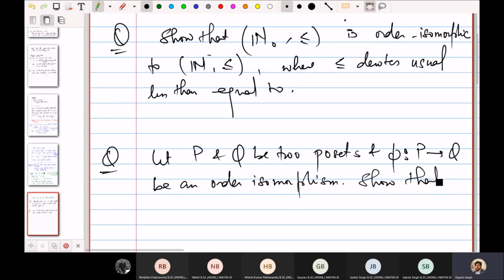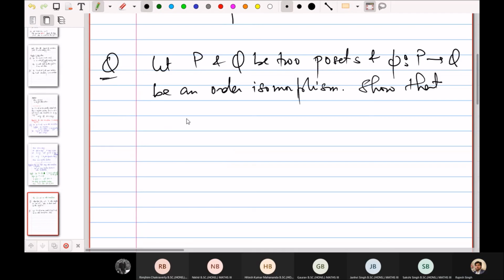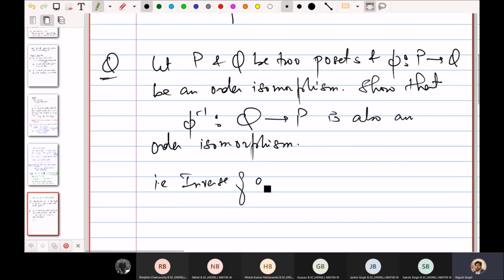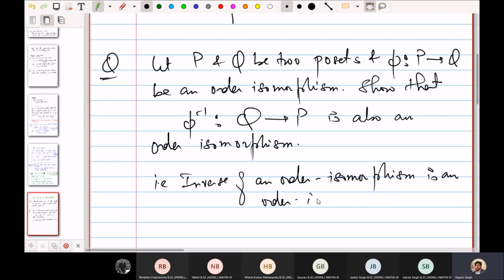Show that phi inverse from Q to P is also an order isomorphism. ठीक है, that is inverse of an order isomorphism is an order isomorphism. ठीक है, so this you have to show.